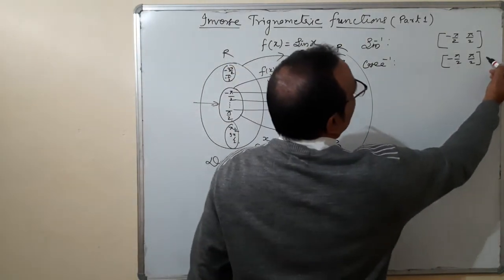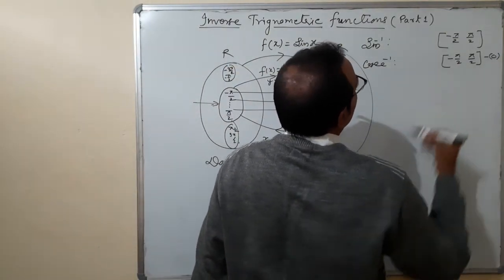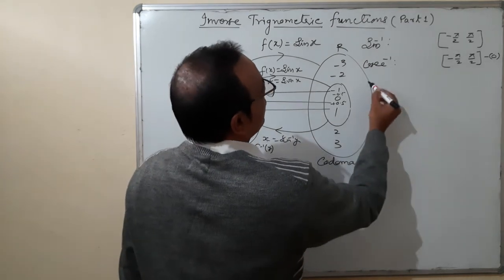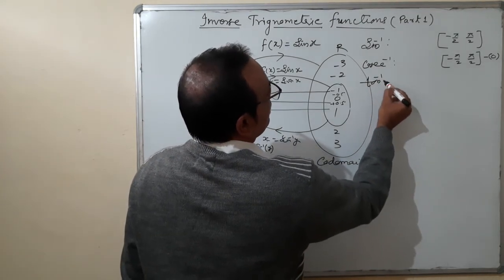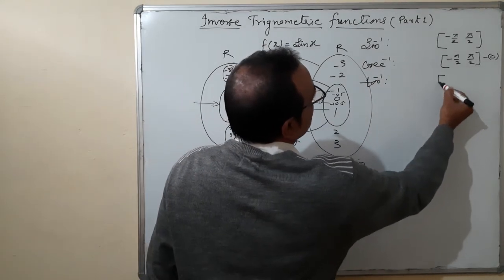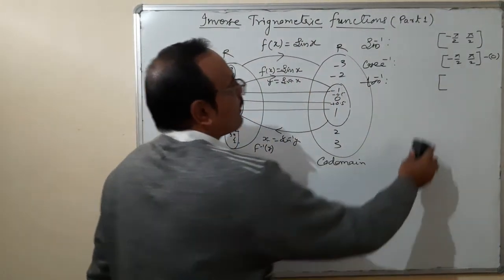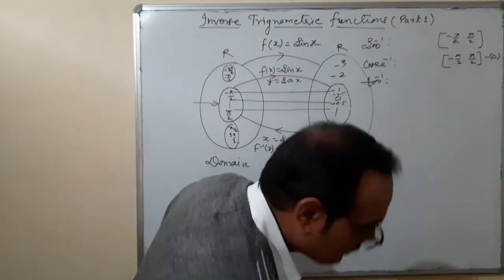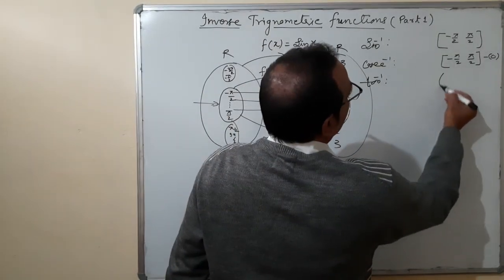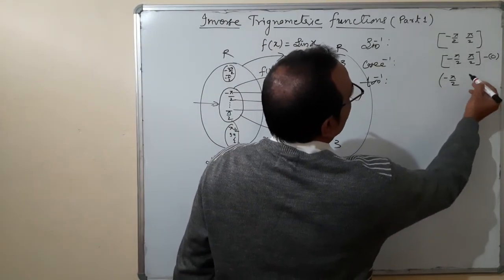So that means 0 is excluded in it. Third one is tan inverse. For tan inverse, the principal value branch is in the open interval minus pi by 2 to plus pi by 2.